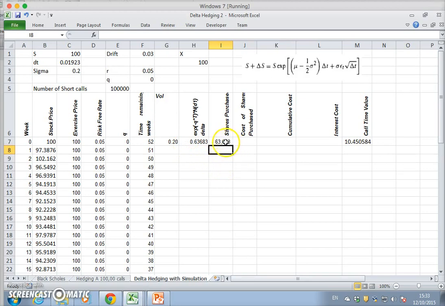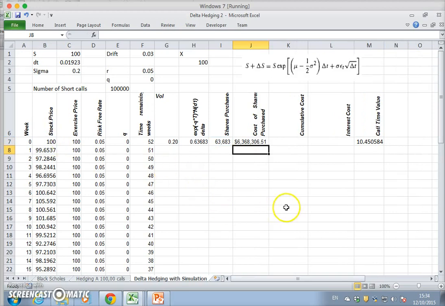So our initial position is we should buy 63,683 stock, and of course the cost of that will be this multiplied by the cost of the stock, and the cost of the stock initially at the setup is 100. So it's 6,368,000.